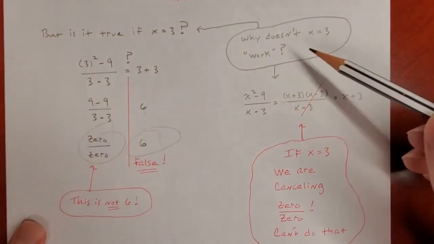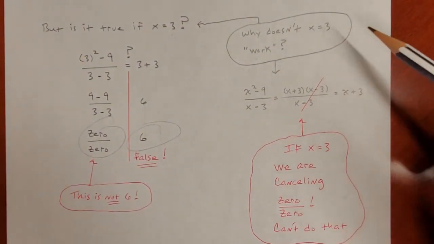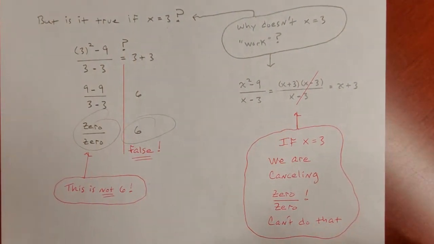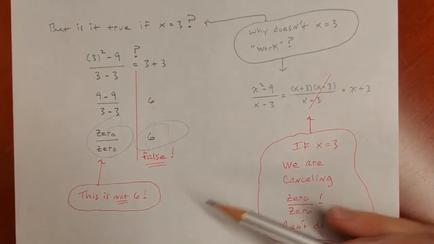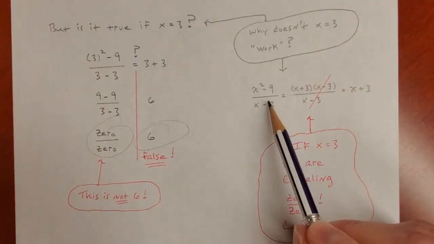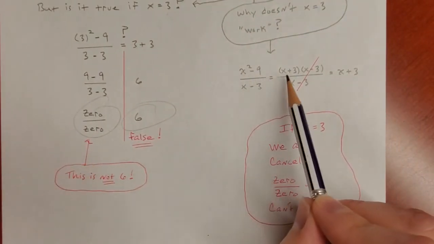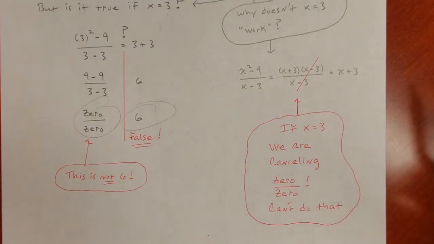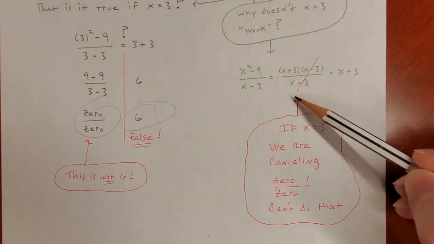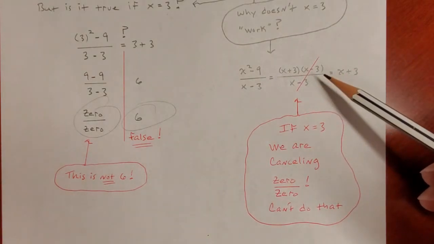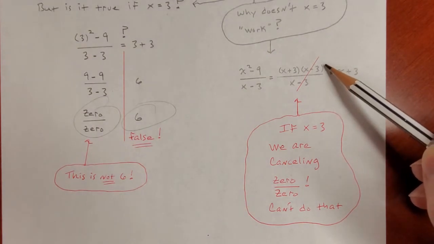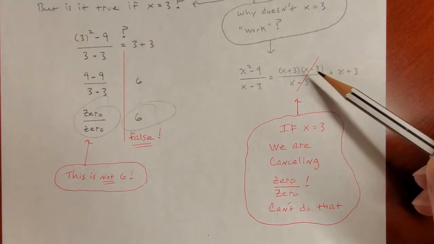Okay? Let's try to think about why it doesn't work a little bit. So here's something else I need to get you to realize. Remember when up here I said, well, we could take this and we can factor it and we can cancel. What is canceling? Canceling is division, right? It's like we're saying a number divided by itself is 1.